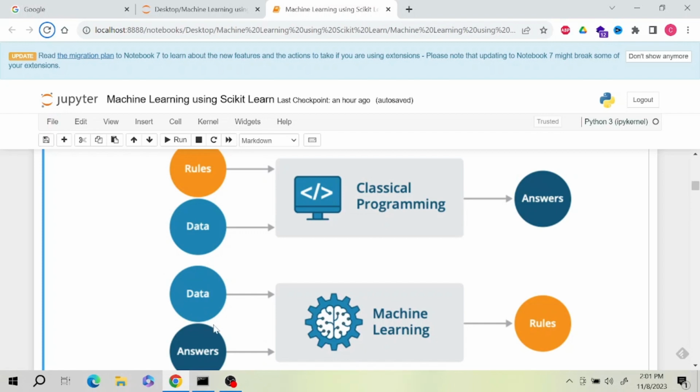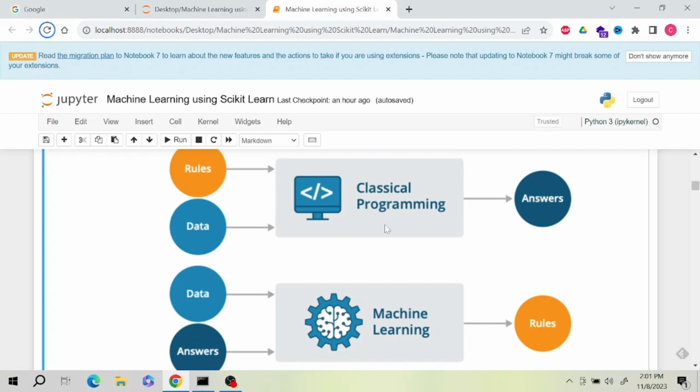Then when we pass that as input to the machine learning algorithms, they learn by themselves to identify the characteristics of a cat and the characteristics of a dog. So it comes up with the rules. Whenever we give a new image, it will be able to identify which one is a cat and which one is a dog.